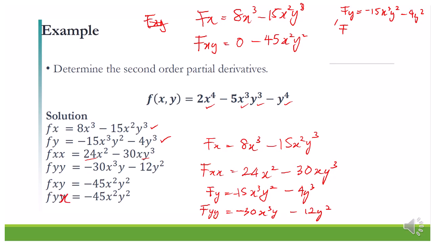So fyx, then you differentiate in terms of fx, okay, or with respect to x. So negative 45 x squared y squared minus 4y. No, so this will be 0. Okay, so this will be your answer. This will be 0.